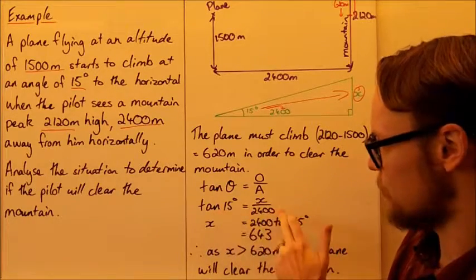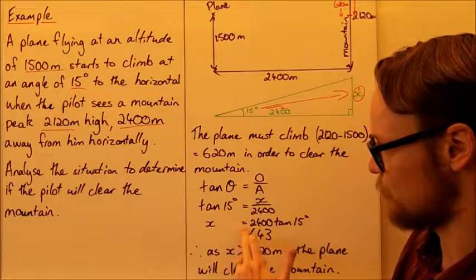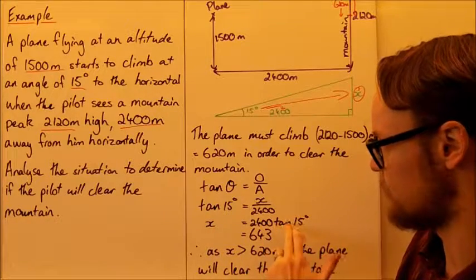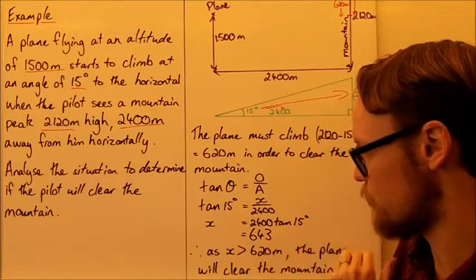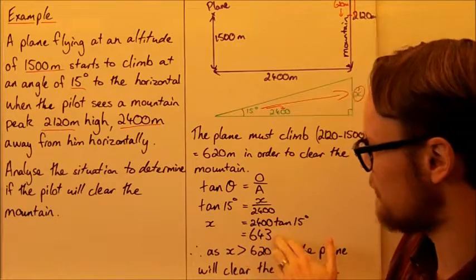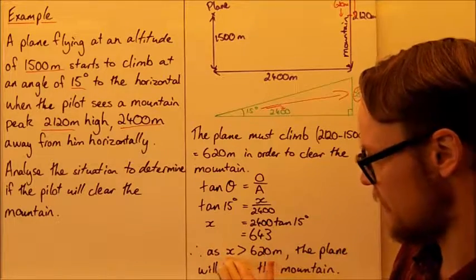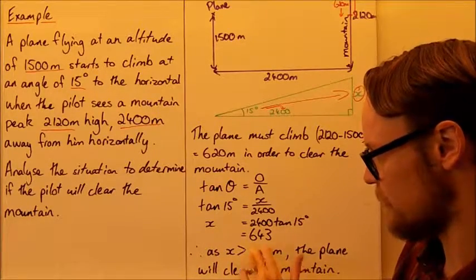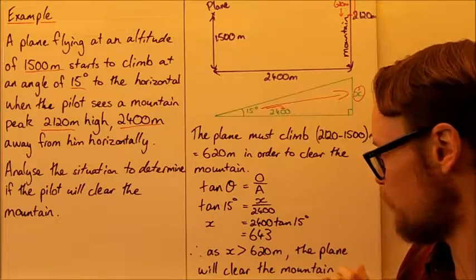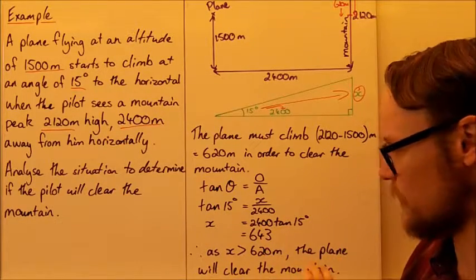I multiply both sides by 2,400 and I get x is equal to 2,400 times tan 15. If I plug that into my calculator, I get 643. So that means that because x, the value that we found, is greater than 620 metres by 23 metres, the plane will clear the mountain.